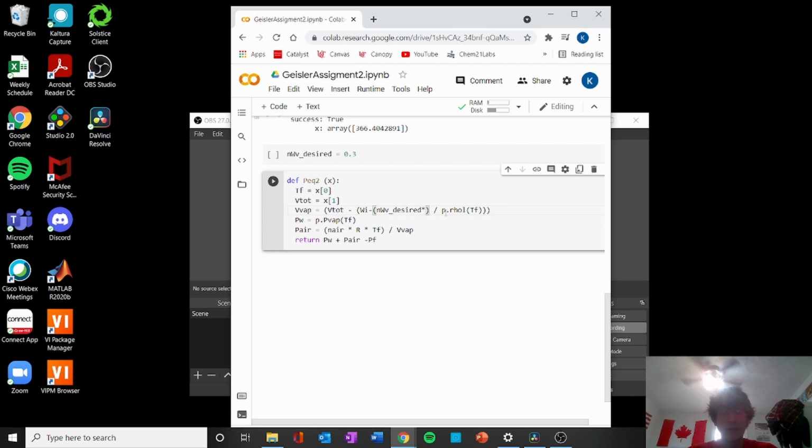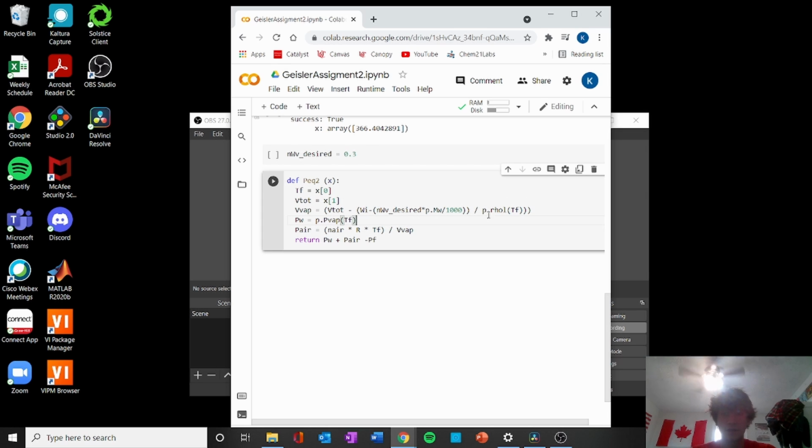We could multiply by the actual molecular weight, but it would help if we needed a different code to just use the stuff we already have in the toolbox. So we'll just say molecular weight, and this needs to be divided by 1,000. Okay, that should be good.